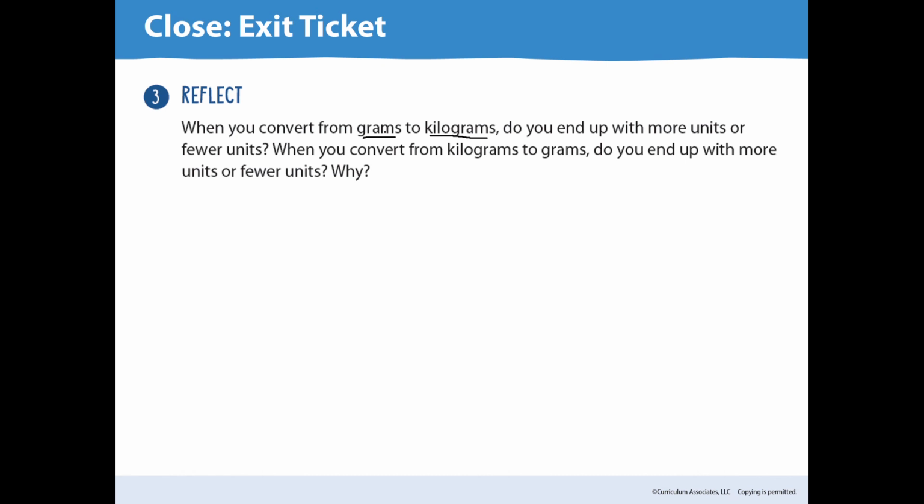There are 1,000 grams in a kilogram. And so we're going to end up with less kilograms than we had grams. When we convert from kilograms to grams, we will end up with more units because grams are smaller than kilograms. And so we'll have a bigger number of grams than we have kilograms.